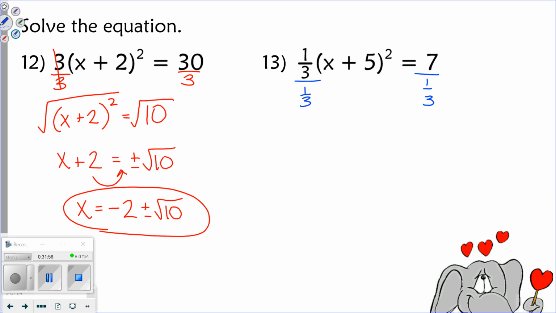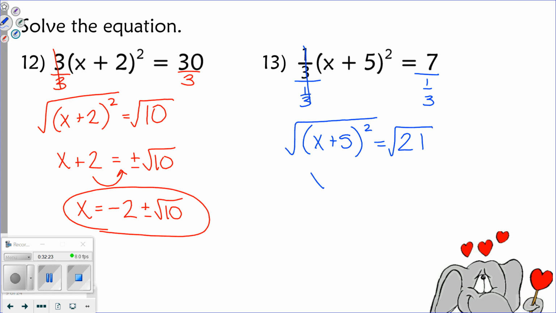Okay? So same idea. So it's still x plus 5 squared equals 7 divided by 1/3, which is the same as 7 times 3, which is 21. But again, if you're uncomfortable with the math of the fractions, just use your calculator. I can still attack it the same way. Okay? All right? Then what? Square root.